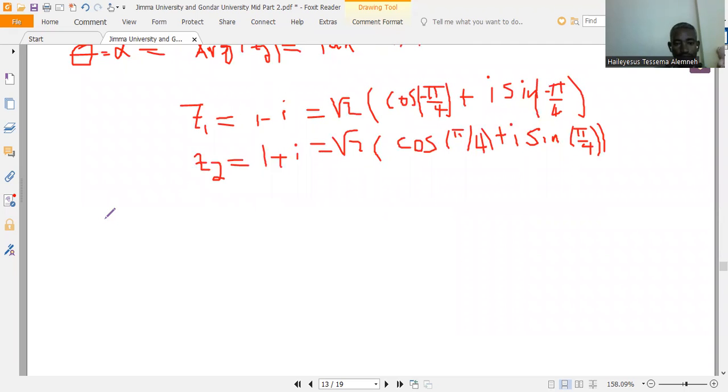Now z, which is equal to z1 over z2, the division of polars.